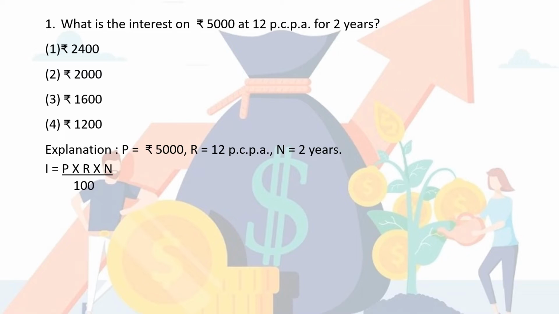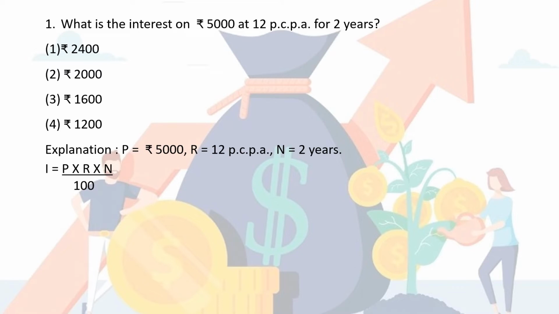In the question, the principal, the rate of interest and the period, that is N, are given. If it asks what is the interest, it means we have to find the interest, and the principal is already given. If PCPA is written after a number, that is the rate of interest, and if years or months is written, that is the period.